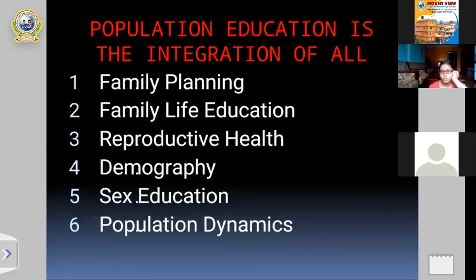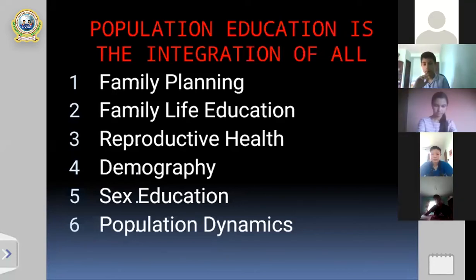Okay, and my dear students, after then the next subject matter is population dynamics. In the first or second slide I have already informed you that dynamics means changeable. Through population education we can know the actual number of population. The population is never constant; it changes according to time, and might go up and down.